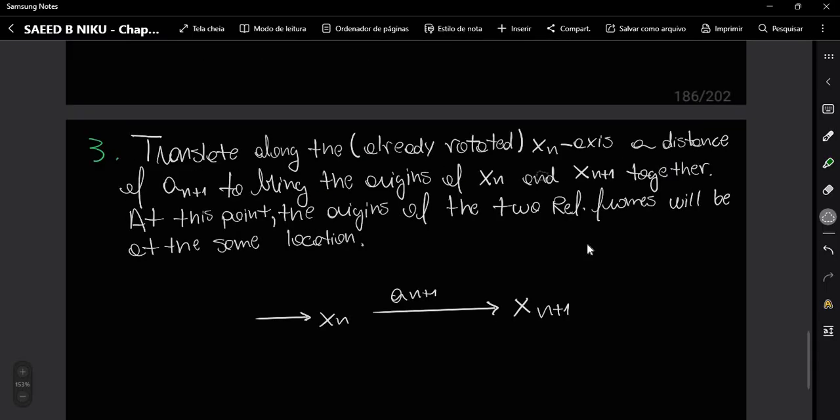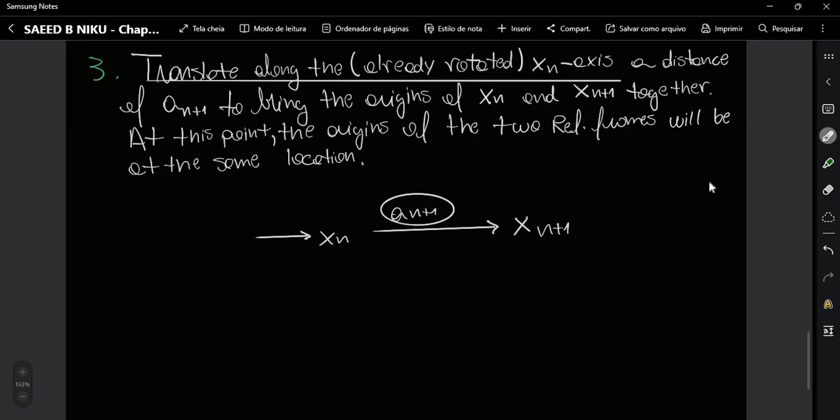And what we will do is a translation along the xn axis, a distance of an plus 1, this distance. And this way, their origins will be at the same location.